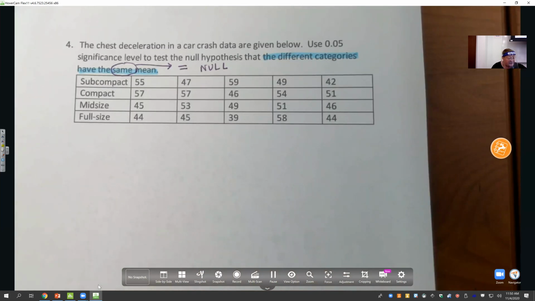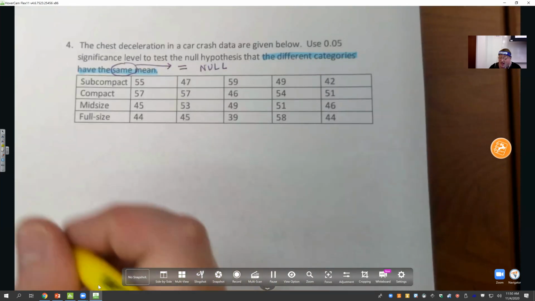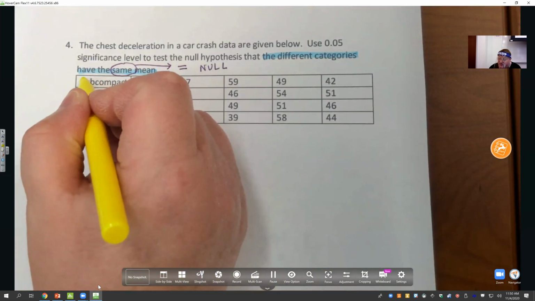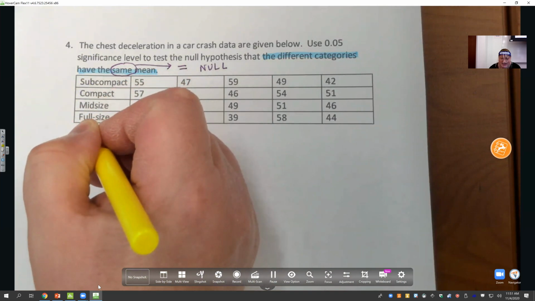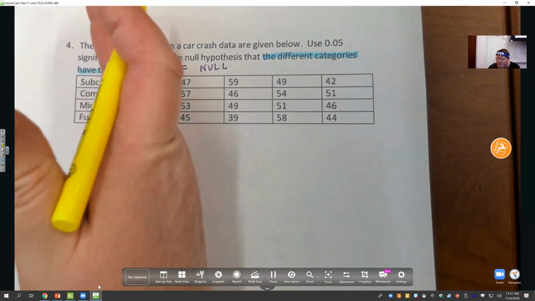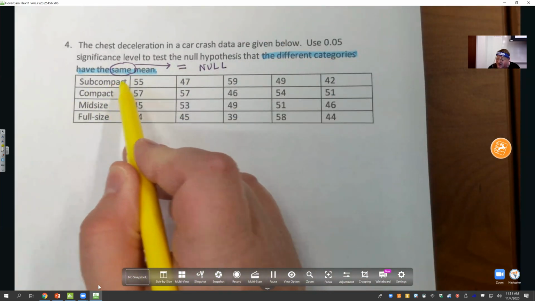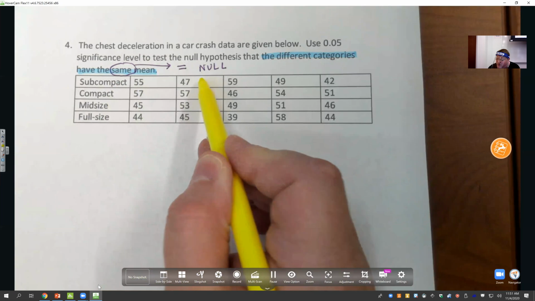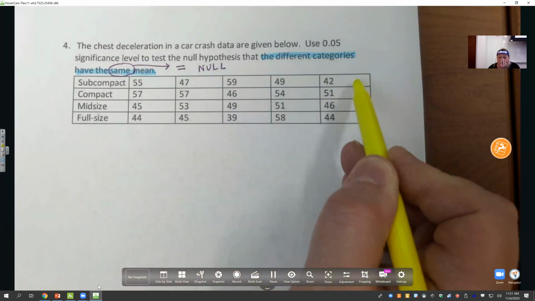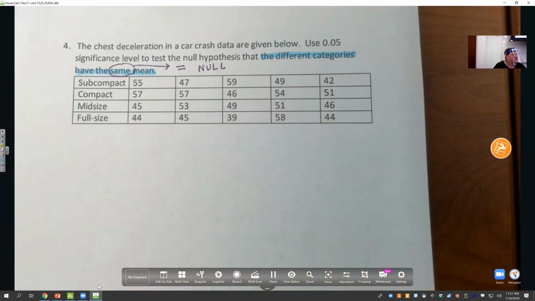Couple other things I would point out to you. Notice how this particular table is set up. Notice that my categories are down the left-hand side and my numbers are running across. So subcompact is 55, 47, 59, 49, 42. So you've got to pay attention to how the table of information is set up.